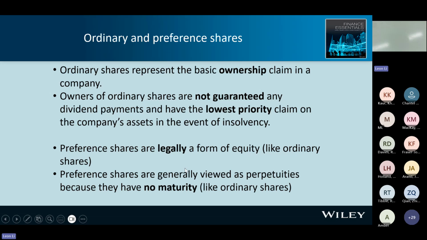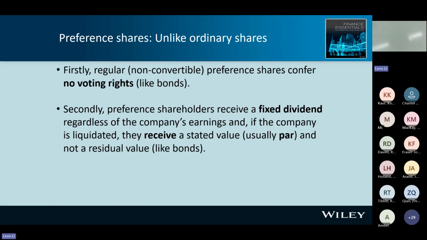So here we show that preference share has some characteristics like ordinary share: first, legally it is a form of equity, and it might have no maturity. Now we would like to address the differences between preference share and ordinary share. Preference share has many characteristics unlike ordinary share, so we are going through these differences.